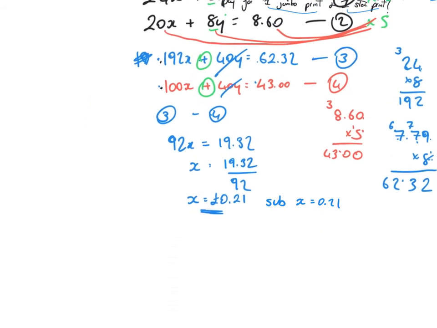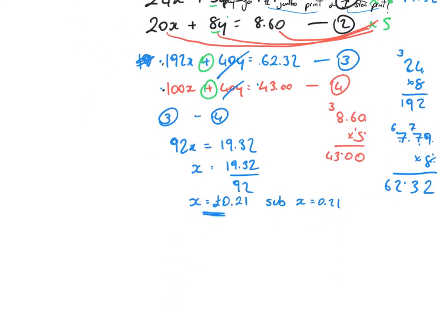I'm going to throw it into equation 4, so where I see x, replace with 0.21. Okay, so 100 lots of x, which is 0.21, plus 40y is equal to £43.